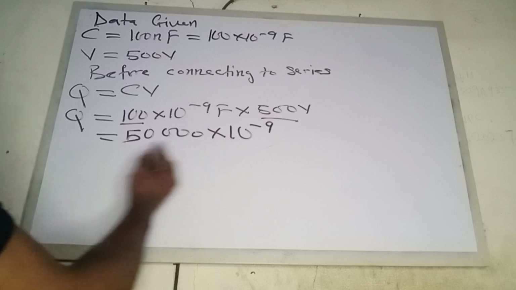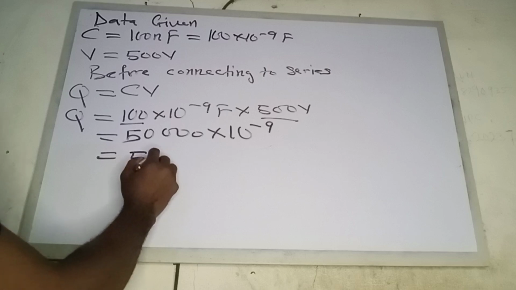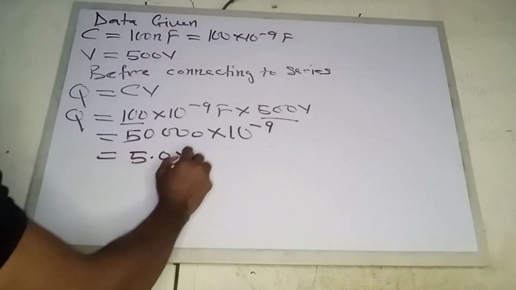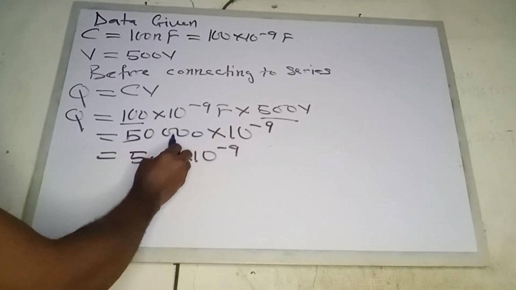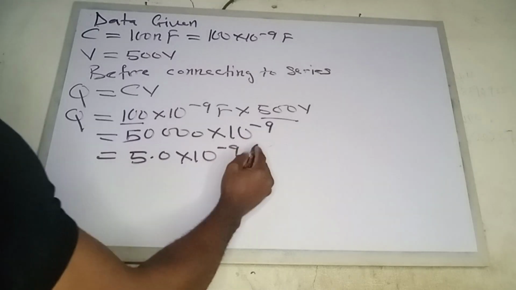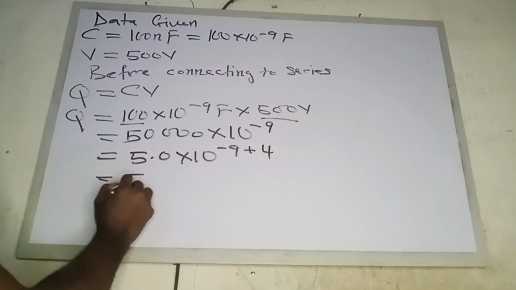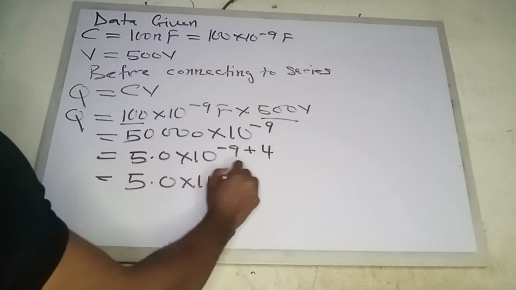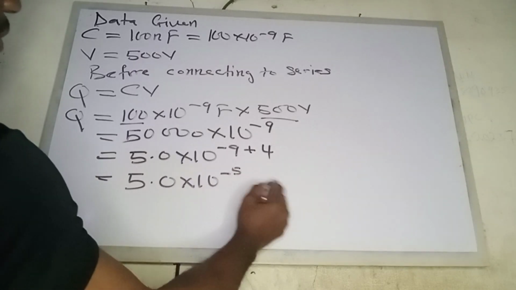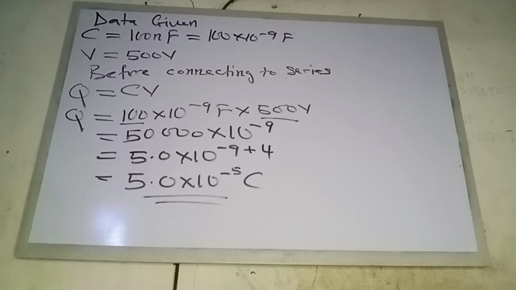So at this point we can also write 5.0 times 10 raised to the power of minus 9 plus 4. So we get 5.0 times 10 raised to the power of minus 5 coulomb.